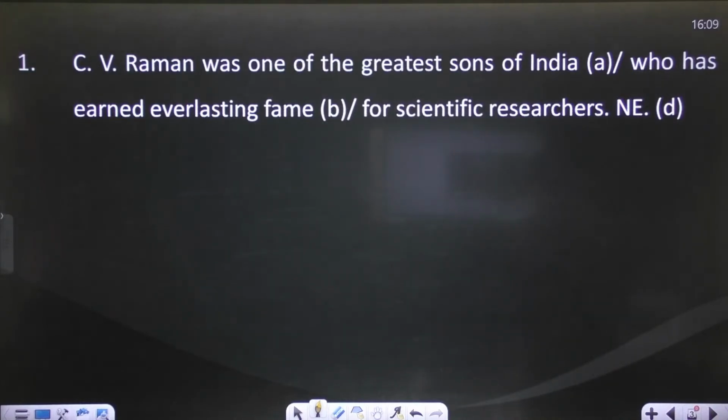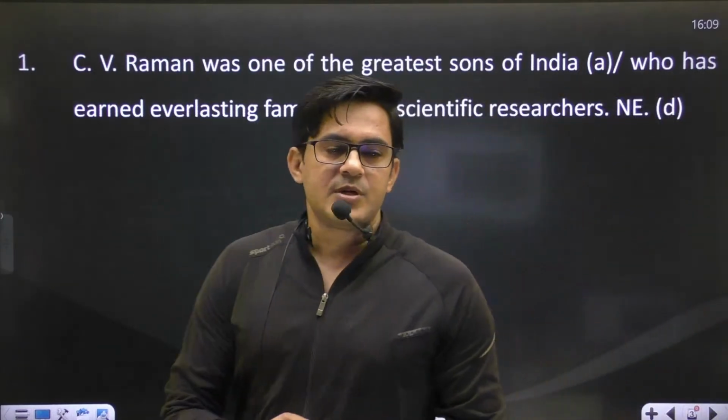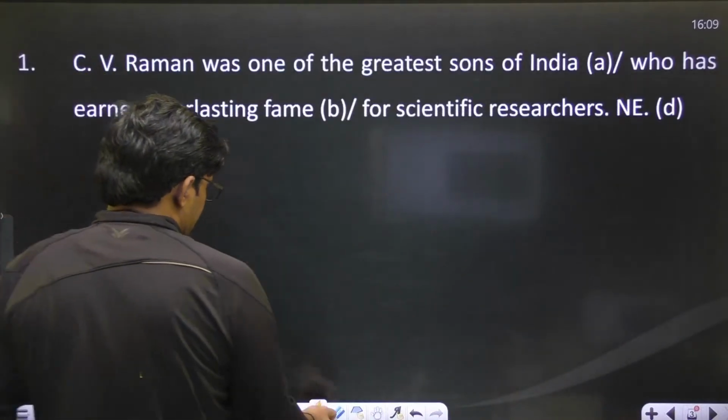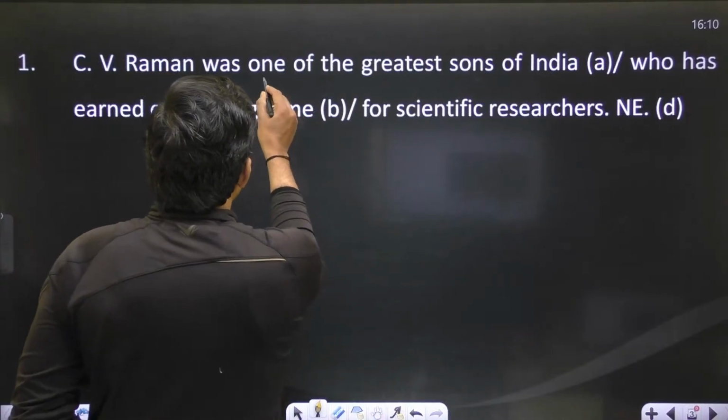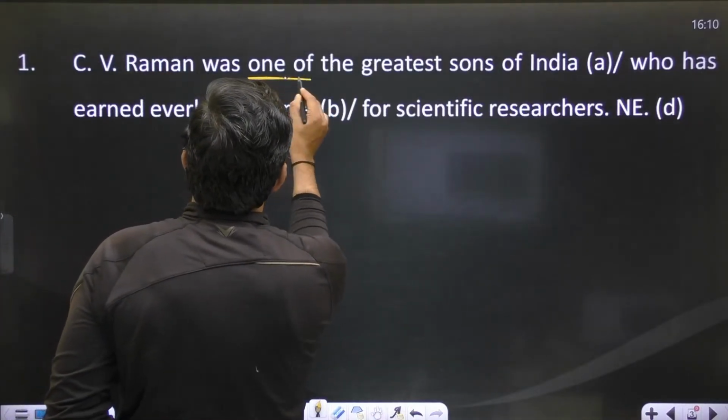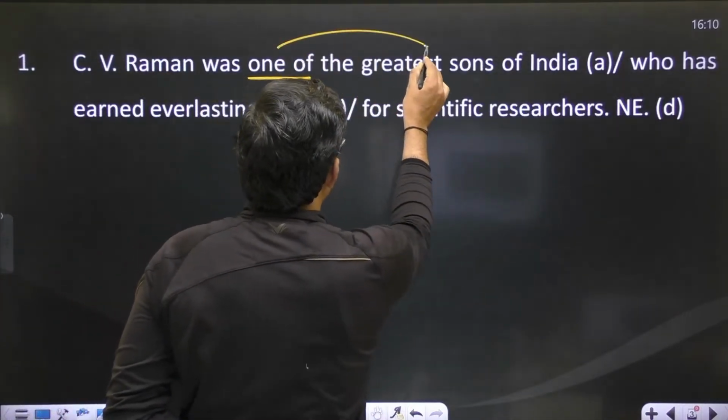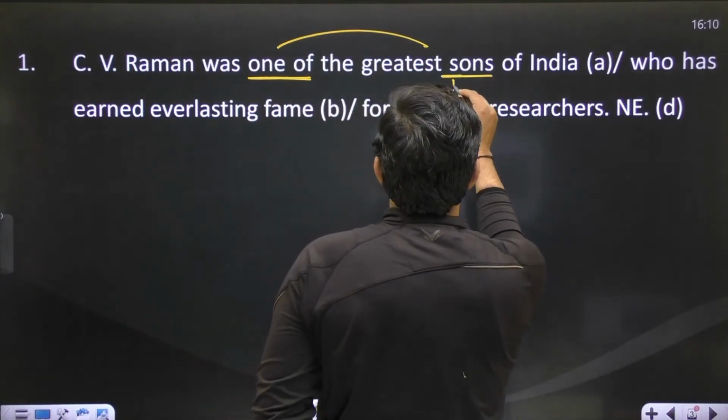You have a sentence before you: CV Raman was one of the greatest sons of India who has earned everlasting fame for scientific researchers. In this sentence, the main concept is that "one of" always demands a plural noun, so "sons" is a plural noun.